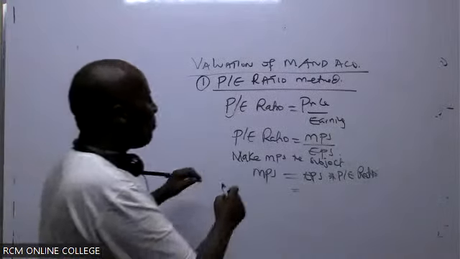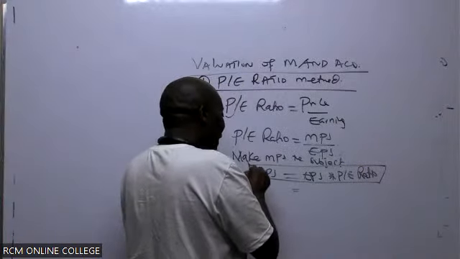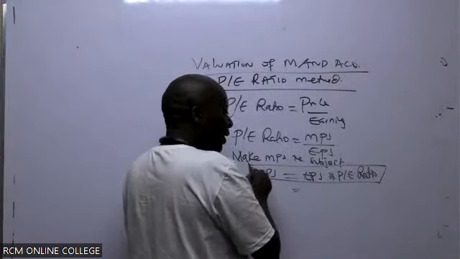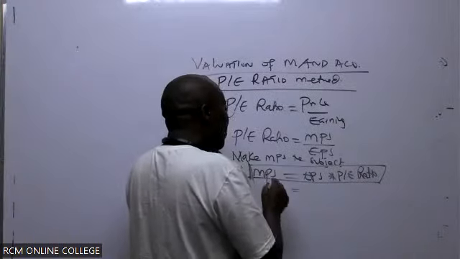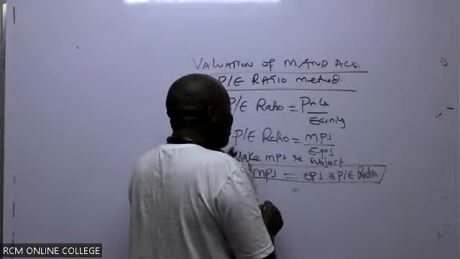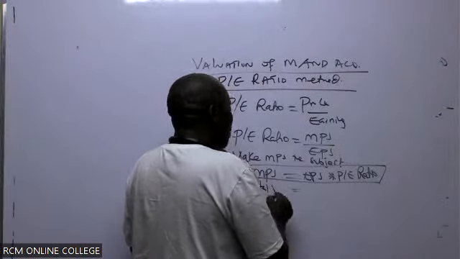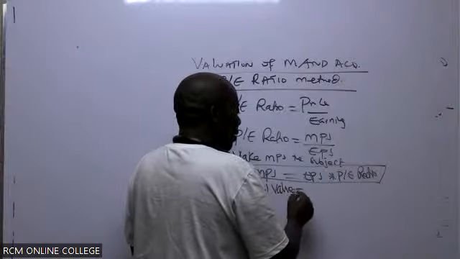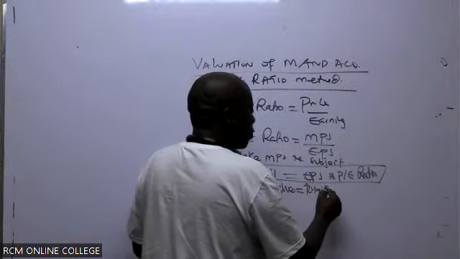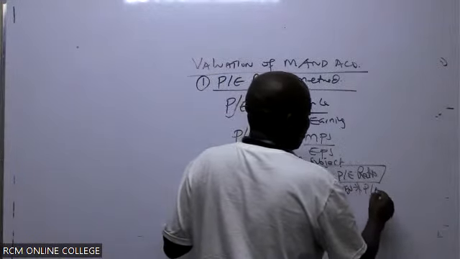So this is so important to us. Please highlight this in yellow. We don't want just MPS, which is market price per just one share. We want the market value of the whole firm. So whenever you want the market value of the whole firm, you get the total value by taking total earnings times PE ratio.